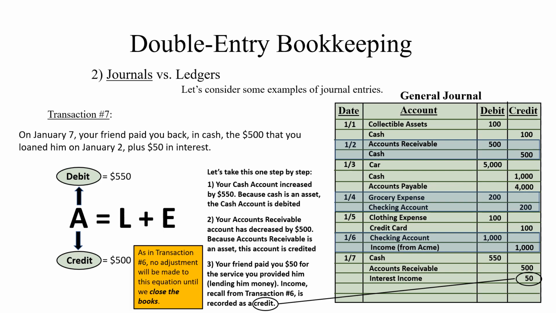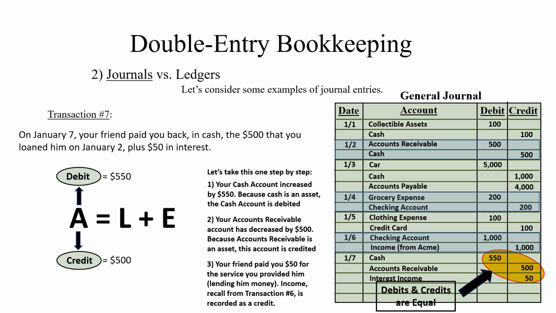In this transaction, assets were debited by $550 and credited by $500. No further adjustments will be made in this equation for right now to resolve this imbalance. That won't happen until we close the books, at which point the equity account will be credited so that ultimately the debits will equal the credits.